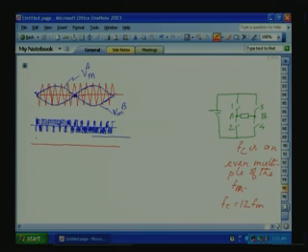So here see this triangle is this way. During this portion, sine is greater than the triangle, so we will be turning on the top switch. So the pattern will be like this.